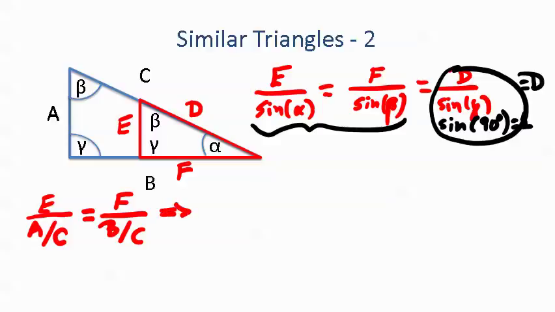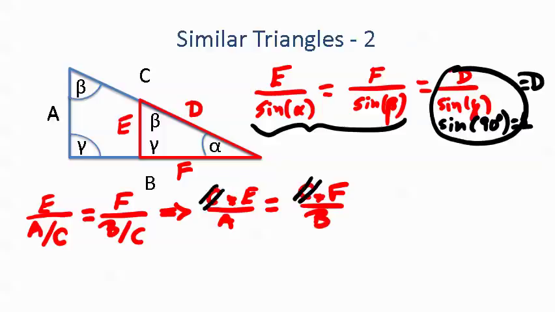So we perform the analysis using nested fractions. We find this to be C times E divided by A equals to C times F divided by B. And of course, we can cancel out C from these two expressions, and we end up with the following interesting result.